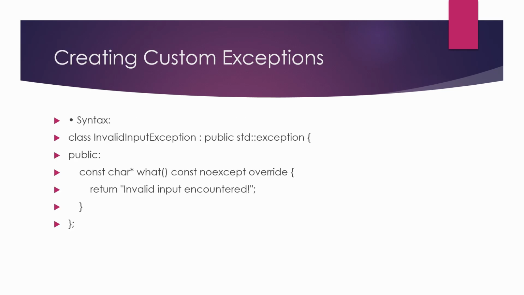To create a custom exception, we define a class that inherits from std::exception and overrides the what method. This method returns a custom error message when an exception is thrown. In this case, our custom exception, invalid input exception, returns the message invalid input encountered.